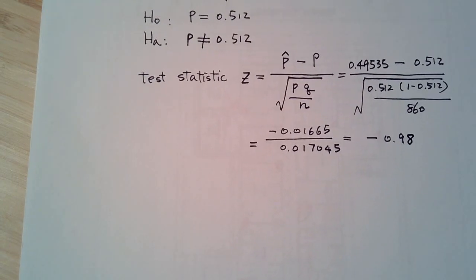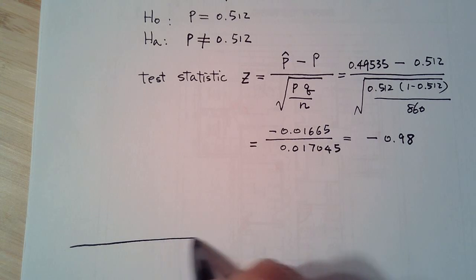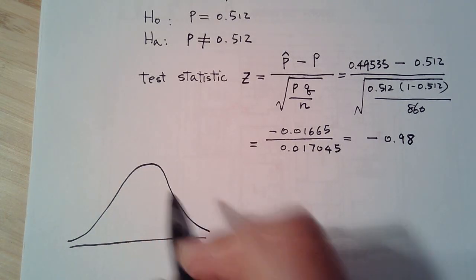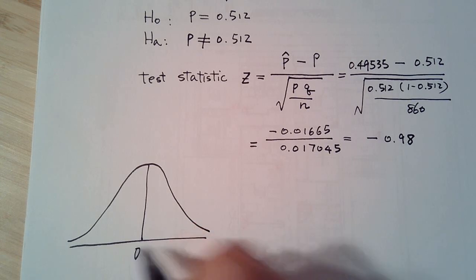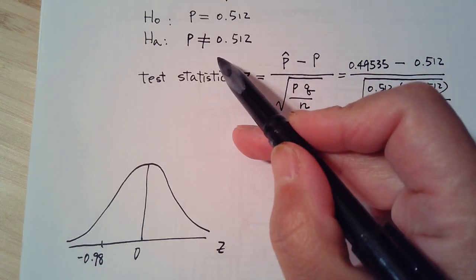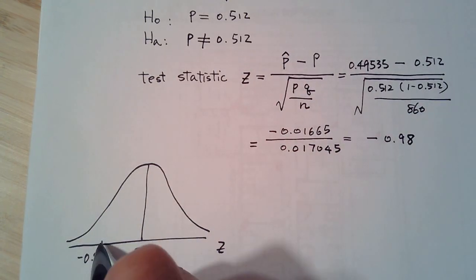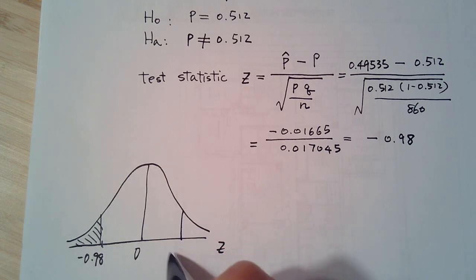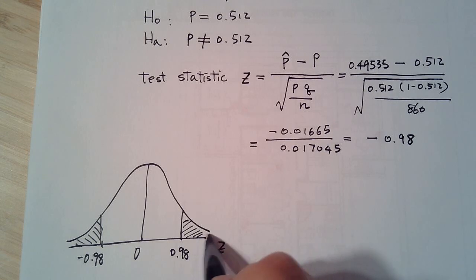Then the next step, it doesn't really matter which method you want to use. You can use the critical value method or the p-value method. Here the z is negative 0.98, and it's a two-tail test. So two-tail means the left tail, and also 0.98 for the right tail.